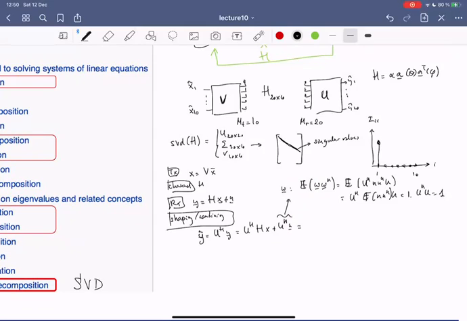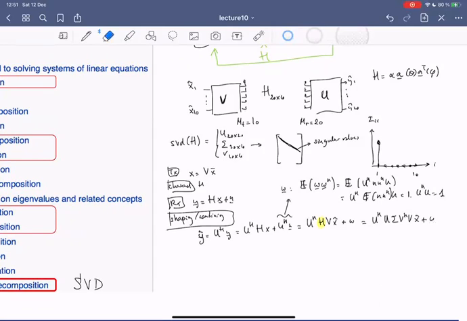And then we can plug in what is x. This is U Hermitian H, and we see that x was V x tilde, so V x tilde plus our noise. Now we plug in what is H, and H is U sigma V Hermitian, V x tilde plus w.